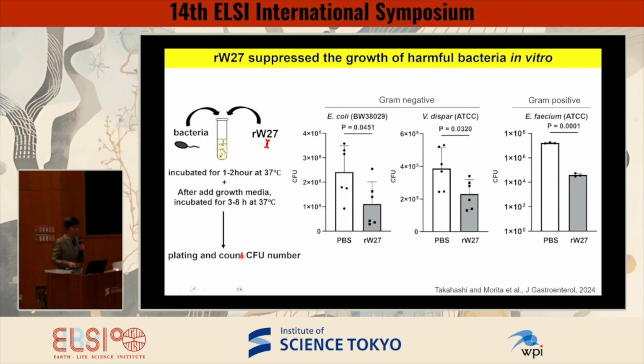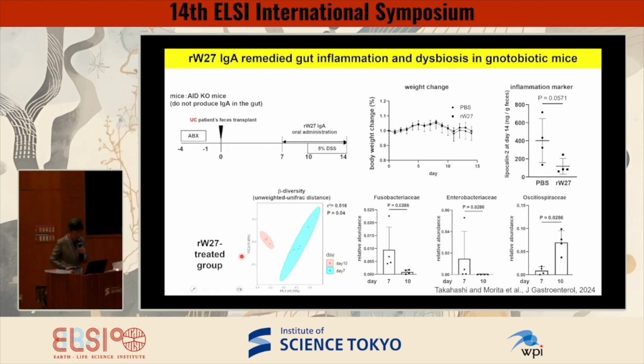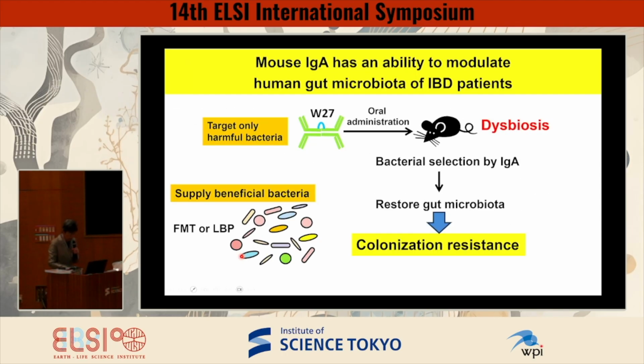Only one monoclonal IgA can trap many harmful bacteria. So probably this IgA targets only harmful bacteria, treats the dysbiosis, and indirectly probably restores the gut microbiota and suppresses the inflammation.